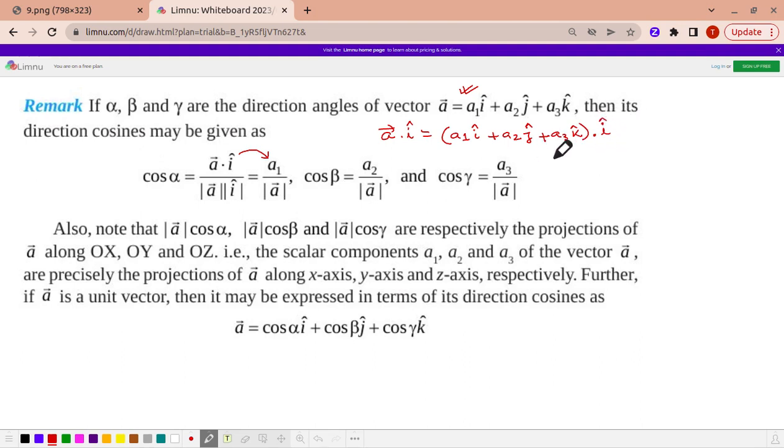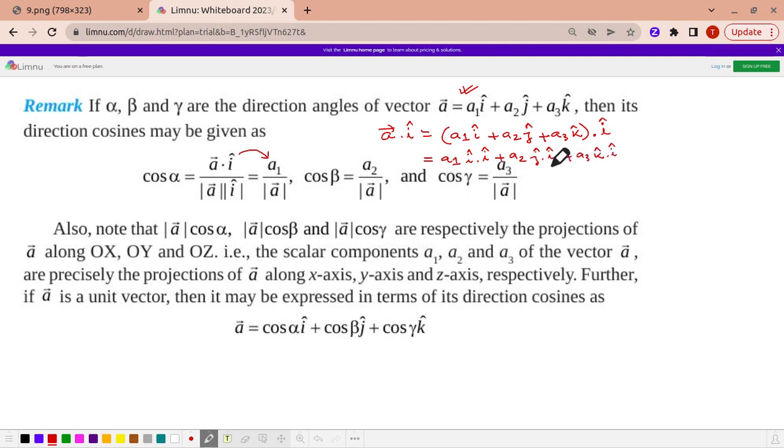So that will be equal to what? If we apply the distributive property, the distribution of the dot product over vector addition, it will be A1 i cap dot i cap plus A2 j cap dot i cap plus A3 k cap dot i cap.